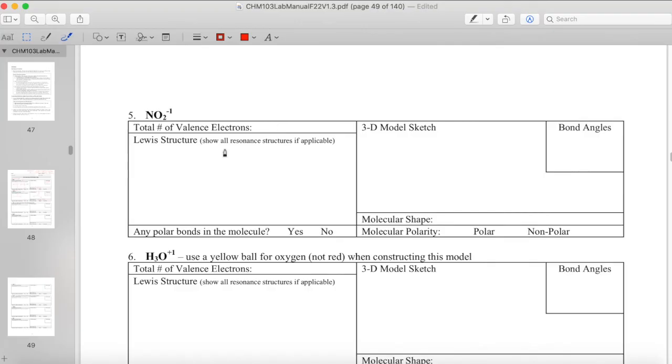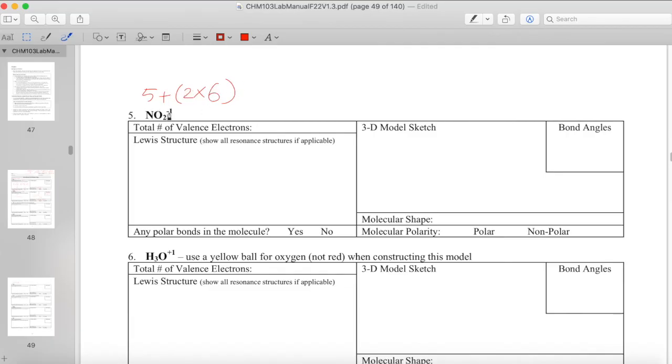Okay, so for example, here we have nitrogen, right? That's in group 15, so that's 5 valence electrons for that. Okay, we have 2 oxygens, so let's put that in parentheses, 2, and oxygen's in group 16, so it has 6 valence electrons. Okay, so each oxygen has 6 valence electrons, but there are 2 of them, so keep that in mind.